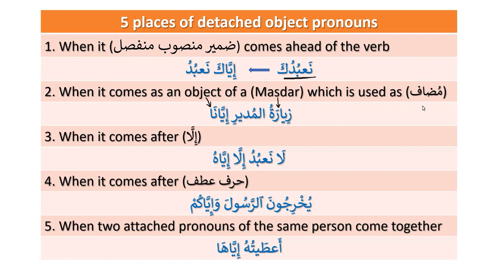So there are 2 conditions that we should have. Number one, it should be masdar, and number 2, it should be used as mudaf. As we can see over here, ziyaratul mudiri iyana. So we can see over here that ziyaratu is masdar and it is used as mudaf, and al-mudir is mudaf ilayh, and iyana is the detached pronoun.